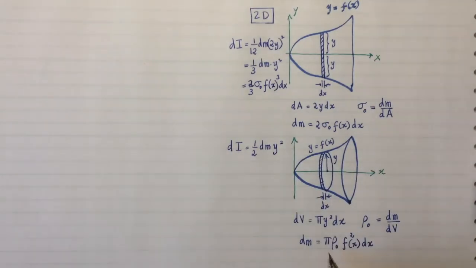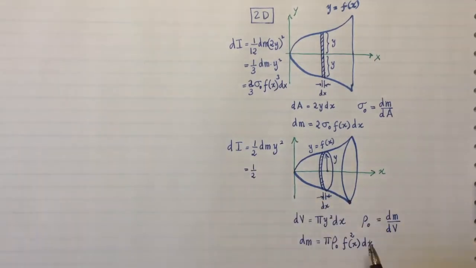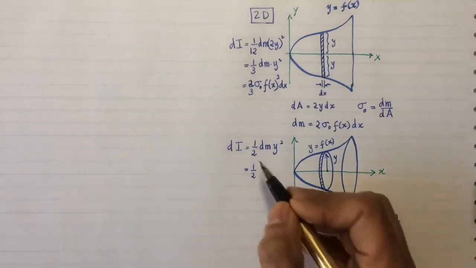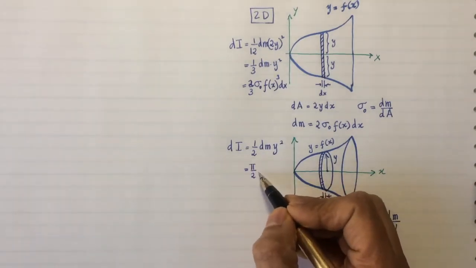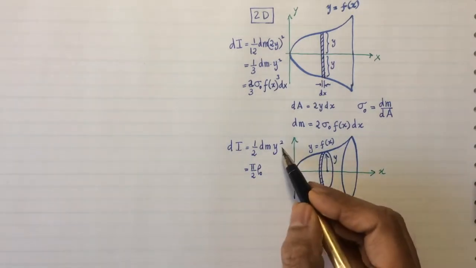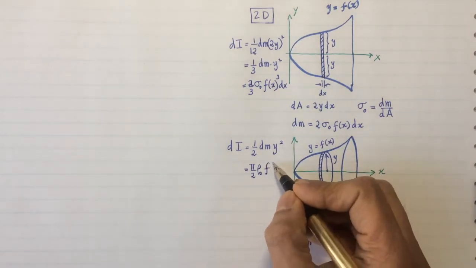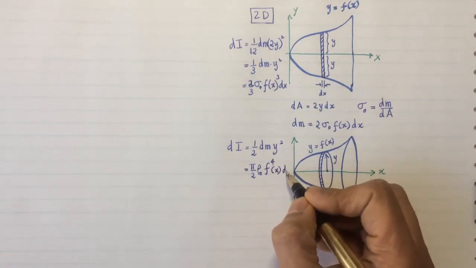So I can put down what dm is now. It's this one. So it's going to be 1/2 times pi times rho naught. That's f squared here, and y is also a function of x, so that's going to be f squared there, so that's f to the 4 as a function of x dx.